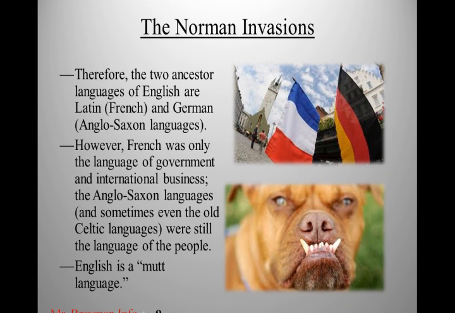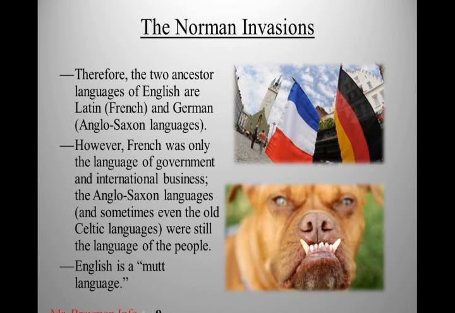Finally, because the English went out and conquered so many parts of the world during the Renaissance and Enlightenment period, English is soaking up all these other words from other languages. For example, algebra is not an English word. Algebra is an Arabic word. And raccoon is not an English word. It's a Native American word.